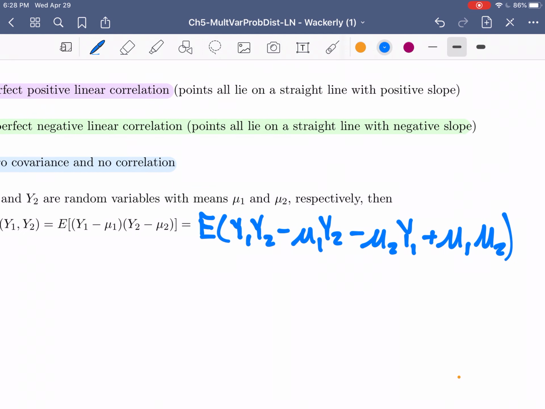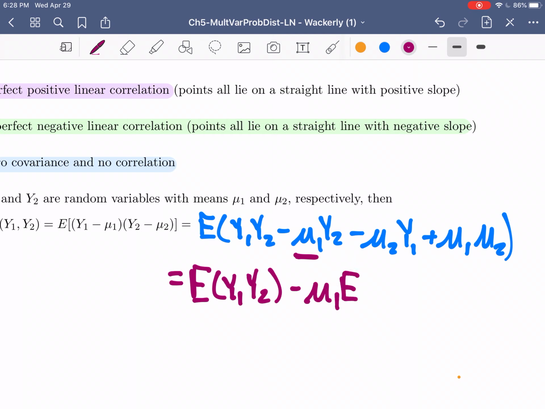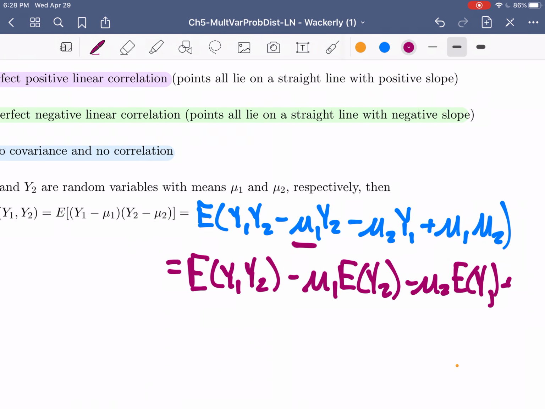But what do we know about expected value? Well, we know that when we take the expected value of a sum, it is the sum of the expected values. So we could write this as E of y1 y2 minus, so mu1 is just a constant. When we take the expected value of that constant, we can bring it out in front. So we have mu1 E of y2 minus mu2 E of y1 plus mu1 mu2.